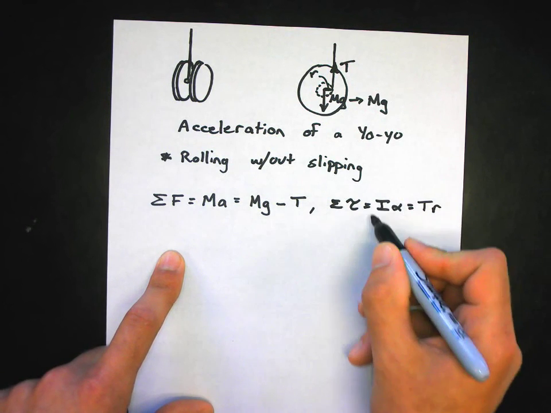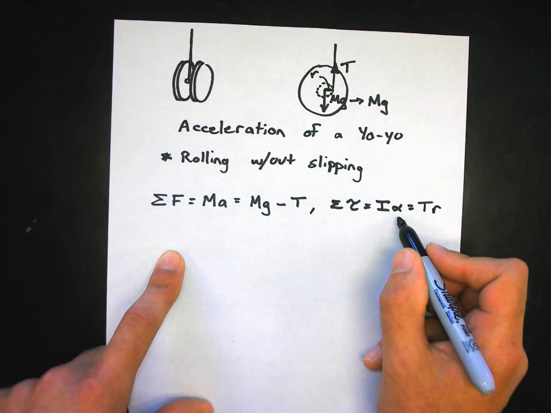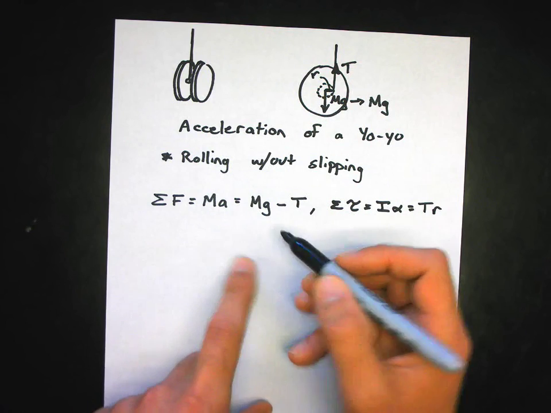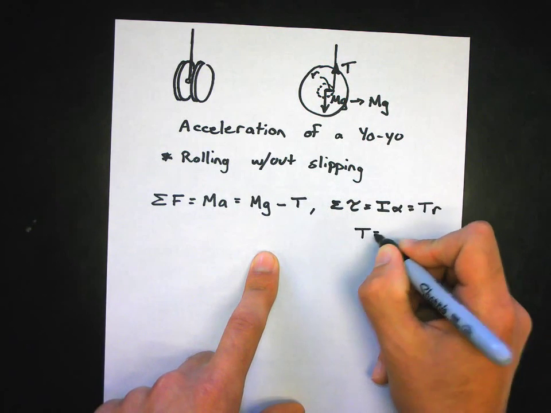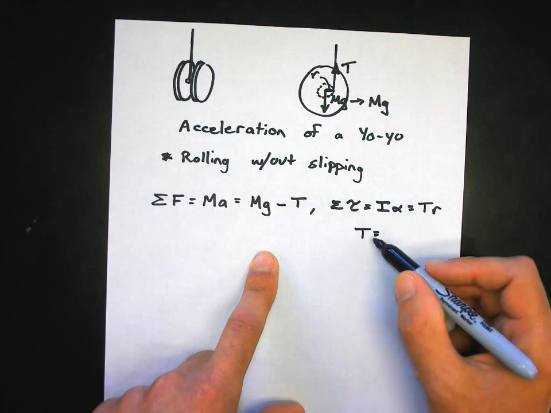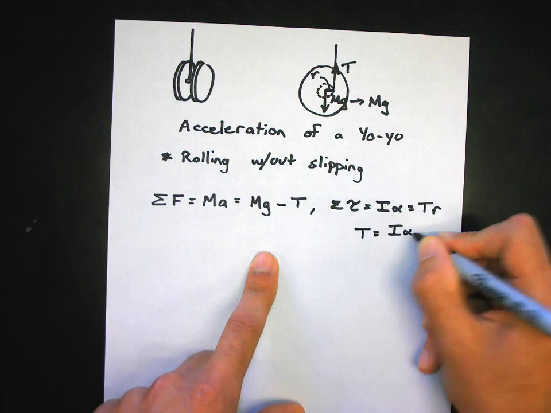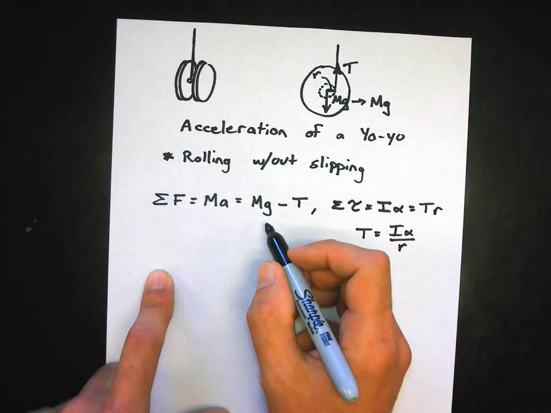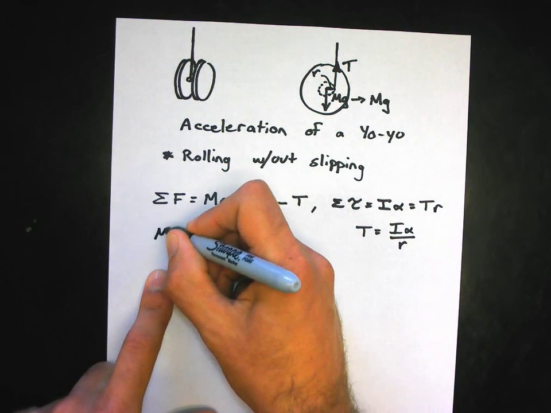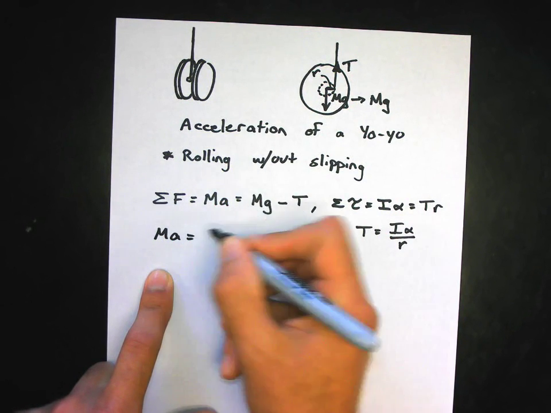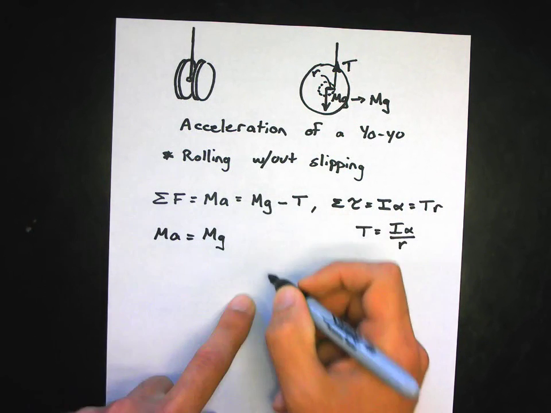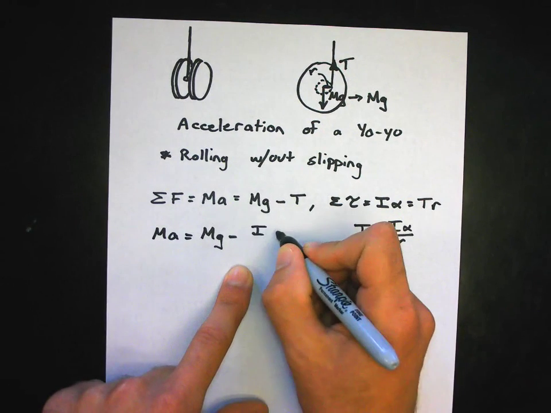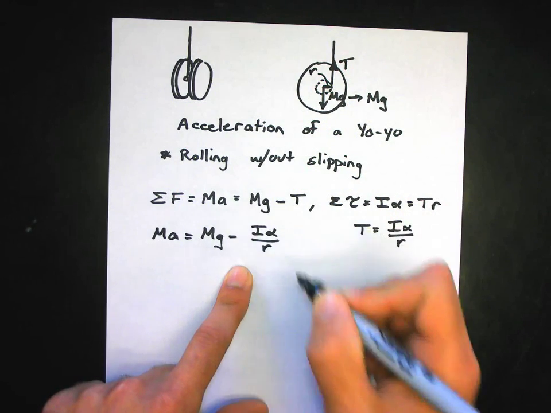Now we have an expression with tension and acceleration in it. So solving for tension, so I can plug it into my force equation over here. We want to divide by r both sides to get T equals I alpha divided by r. So now I can plug this into my force equation. So we should get mass times acceleration equals mass times gravity, then minus my equation for tension. So that I alpha divided by r.